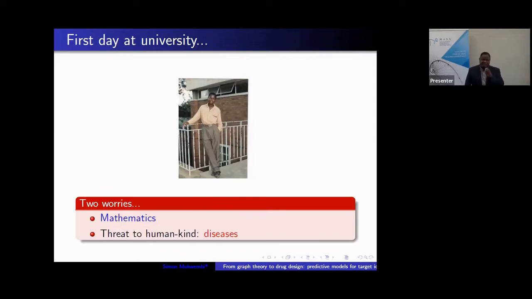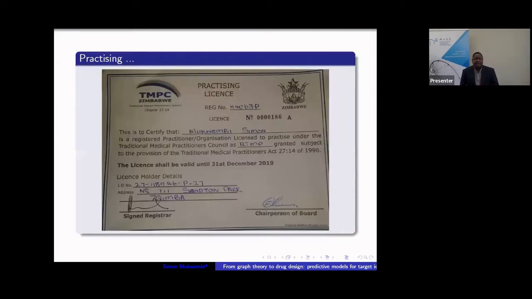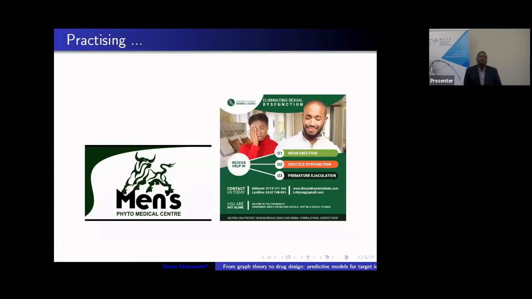In the direction of diseases, I thought I could also practice, just like what my grandpa was doing. And the government gave me a practicing license. So I started practicing, helping people with different difficulties, with different diseases.